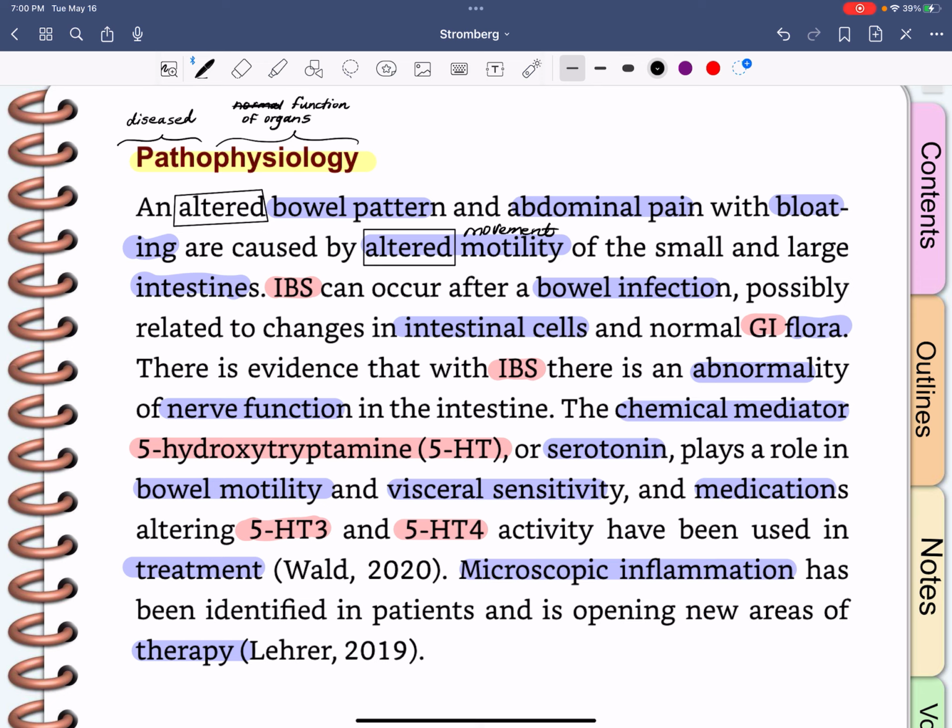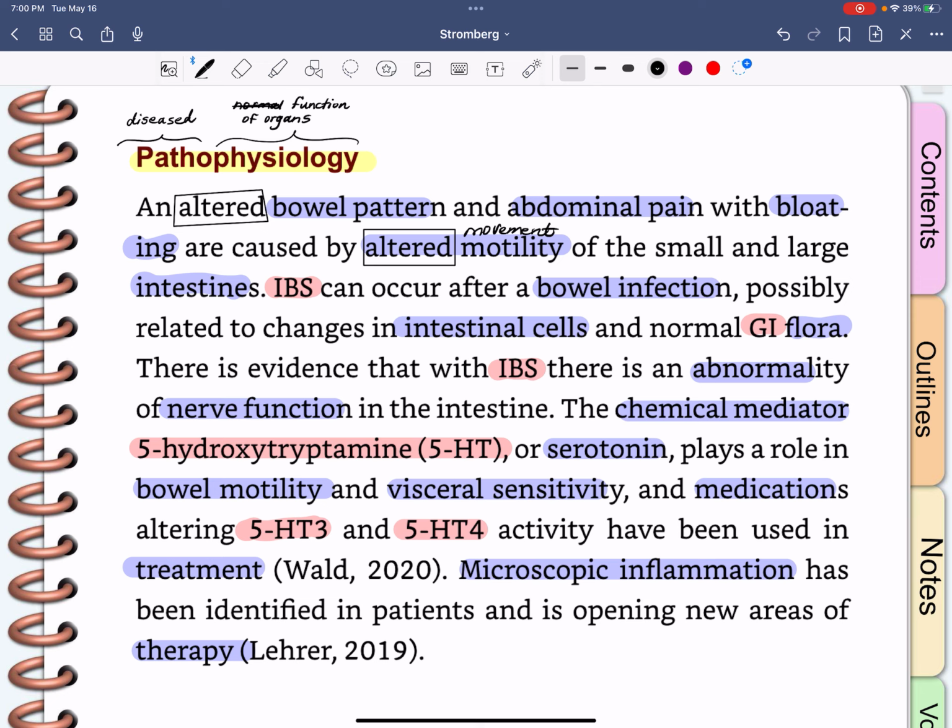So we're talking about bowel patterns, altered motility of the intestines. So this is related to the movement of bowels. It's related to the process that your body does to rid waste, solid waste. So that helps me.